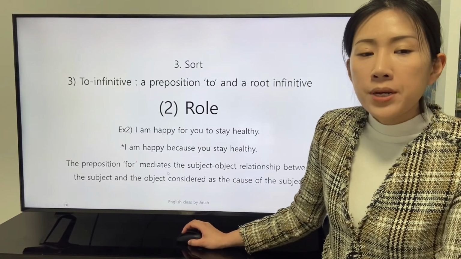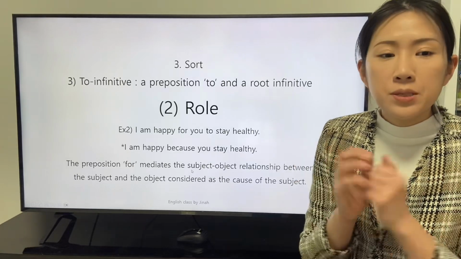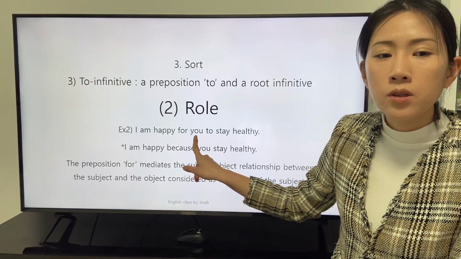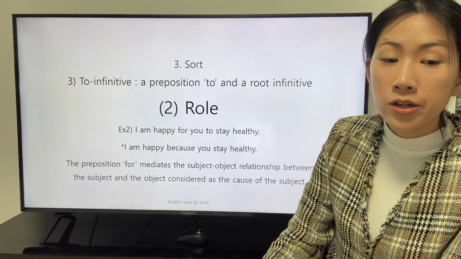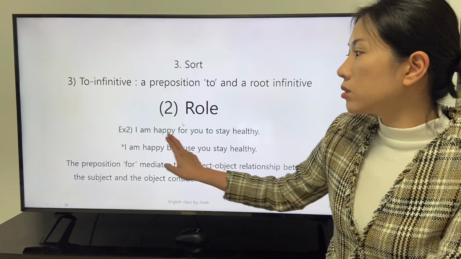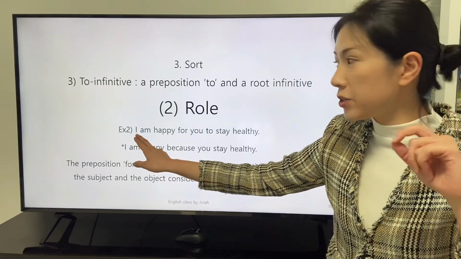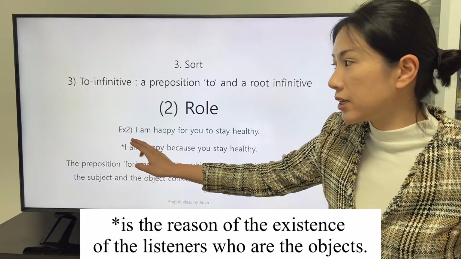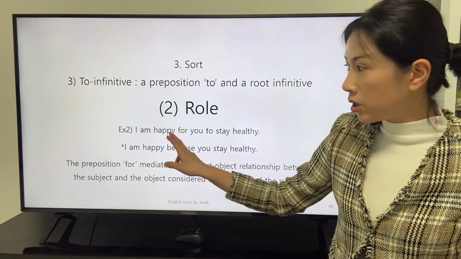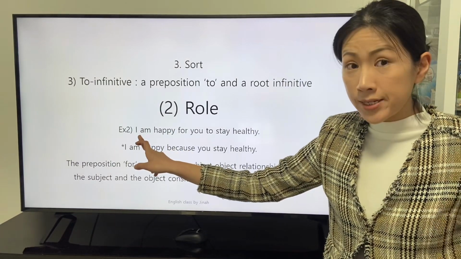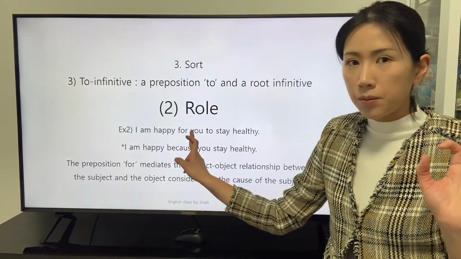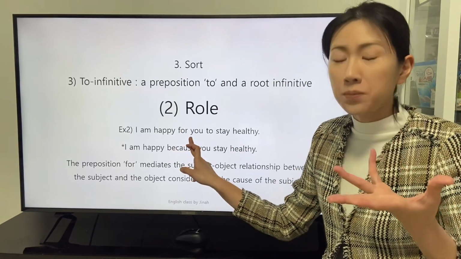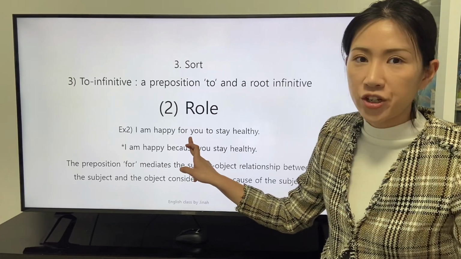The preposition for mediates the subject-object relationship between the subject and the object, considered as the cause of the subject. The condition of the subject, the speaker who is in the condition, proposes the object, who are the listeners.